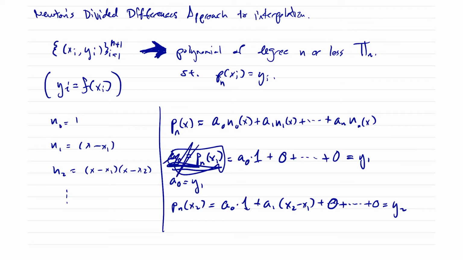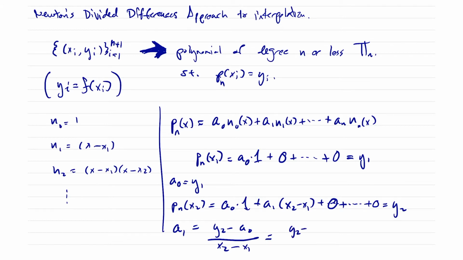I really should have started writing that first. But, you know, it's technically true. Just to avoid confusion, we'll just write that. Okay, so let's go ahead and solve for a1. So a1 is going to be equal to y2 minus a naught divided by x2 minus x1, right? And we know that a naught is just y1, so it's y2 minus y1 over x2 minus x1. And that's what we got.